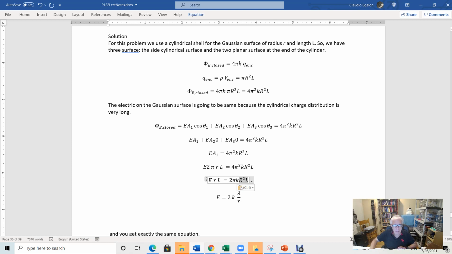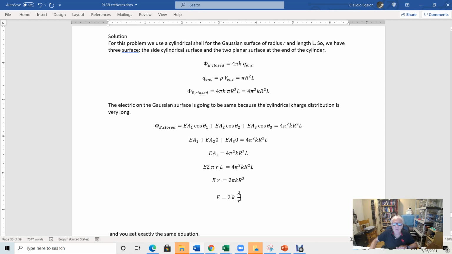The L is going to cancel out as well. And we pass the r to the other side. We get 2 pi k.